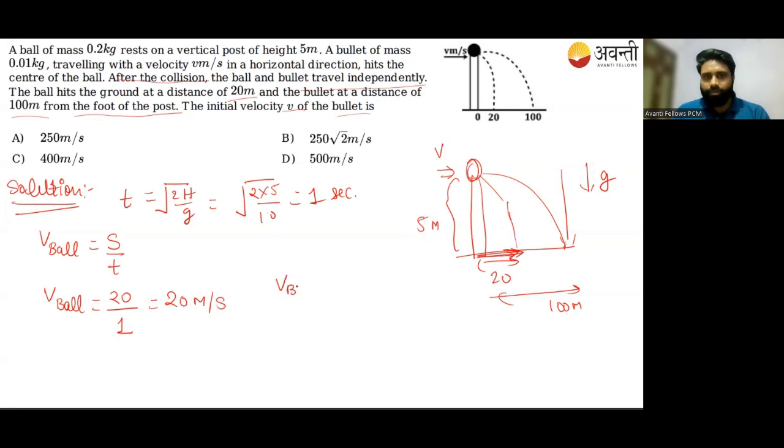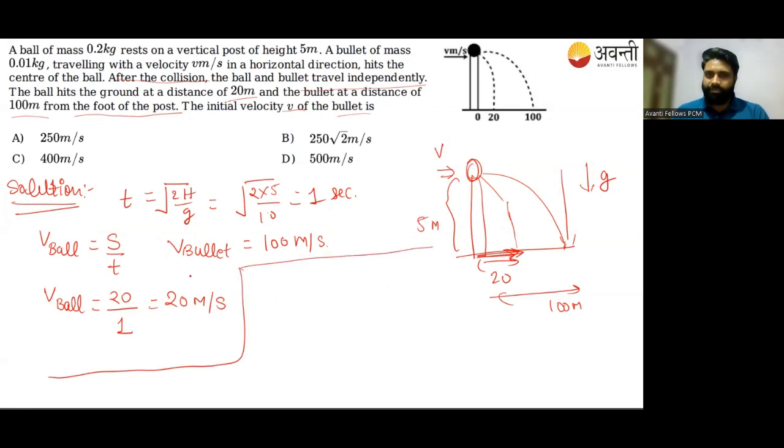Similarly, the velocity of the bullet is 100 meter per second because it has covered 100 meter in 1 second. I will write it here: velocity of bullet equals 100 meter per second. These are the velocities after collision.